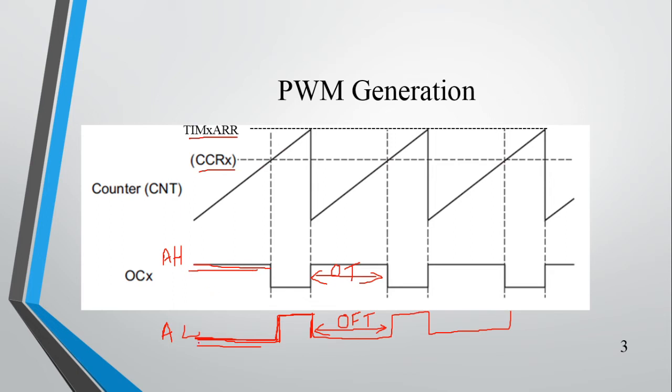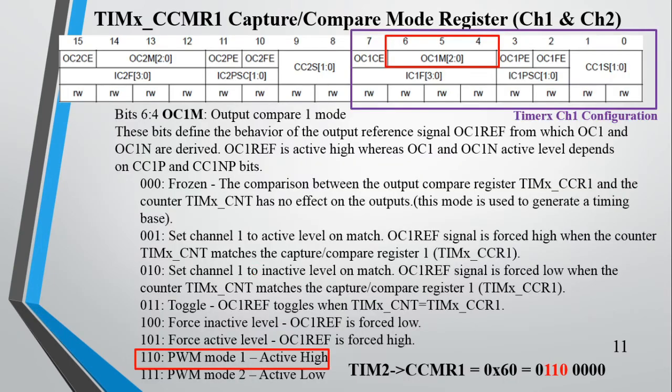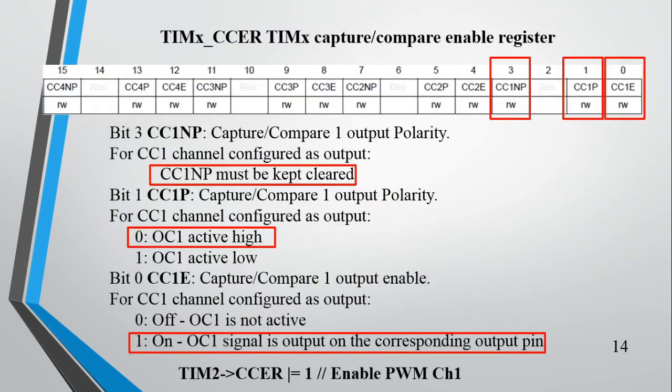But if you want to generate the other kind of PWM, you need to tell the controller to start PWM with active low. Since I am generating this active high PWM, you need to tell the controller that it should be configured in active high state.